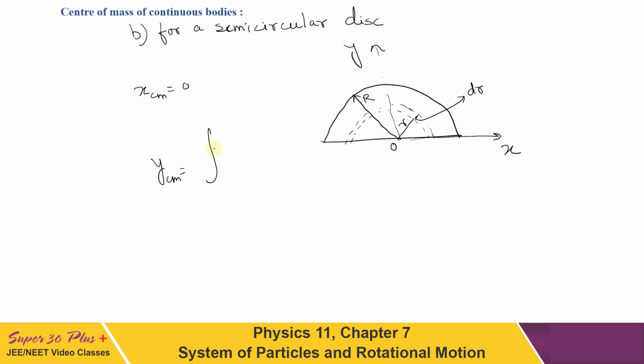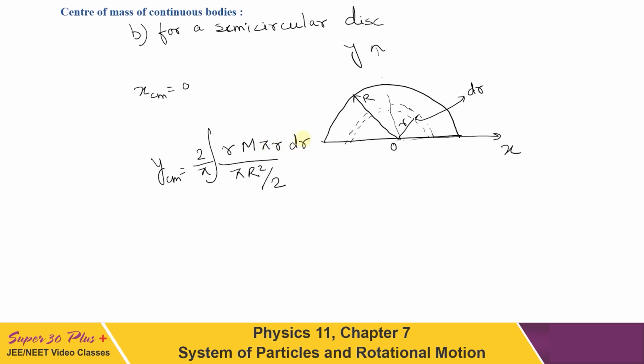Just now we had derived the result, so this can be written as 2 by pi r. For this element ring, radius is small r, so that one into dm. Now what is dm? Dm has to be equal to mass per unit area into area of this element. What is mass per unit area? M upon pi r square by 2 into area of this element, which will be equal to pi r into its thickness, that is dr.